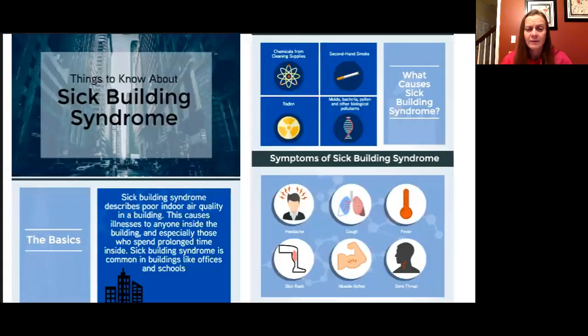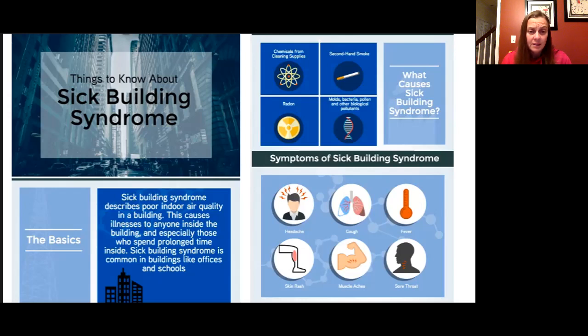All right, so the last thing we need to cover when we're talking about indoor air pollution is this idea of sick building syndrome, which you'll sometimes see abbreviated as SBS. So sick building syndrome is when there's poor indoor air quality in a building. Usually, most of the time, this is a workplace. This causes illnesses for people who spend significant amounts of time in that building. As I said, common in workplaces, businesses, offices, even sometimes schools.